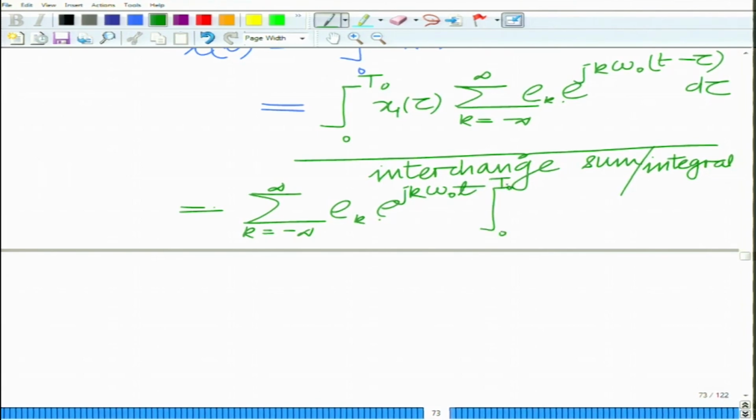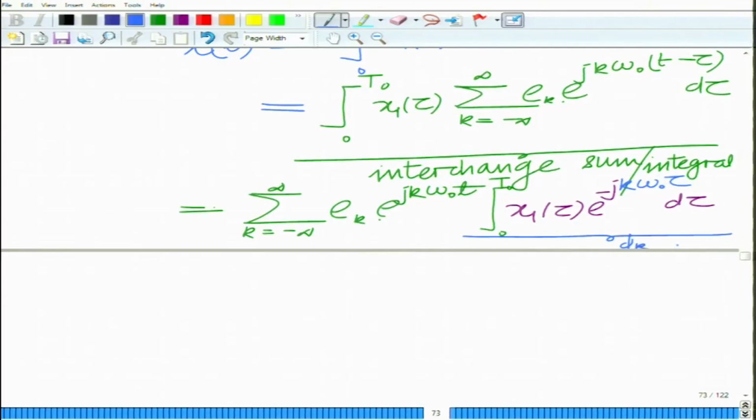What is remaining is the integral 0 to t naught of x1 tau e raised to minus j k omega naught tau d tau, which is nothing but the complex exponential Fourier series coefficient of x1 tau, that is the kth coefficient, which is your dk.